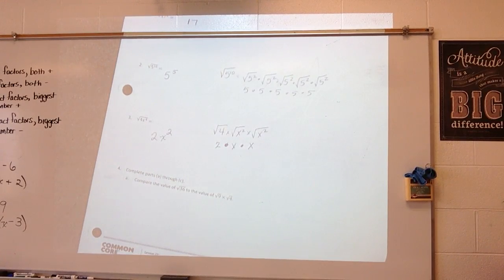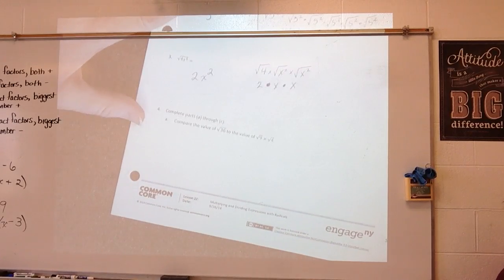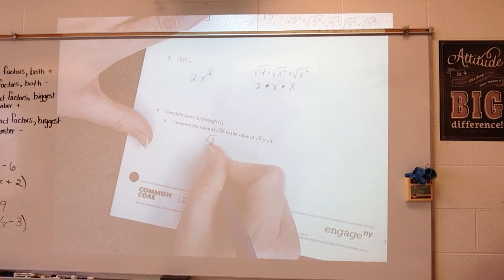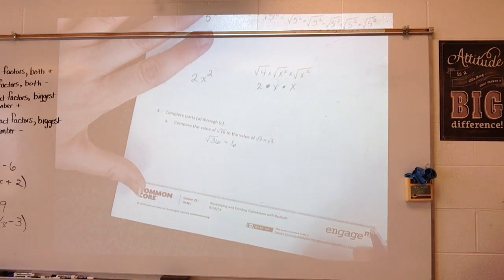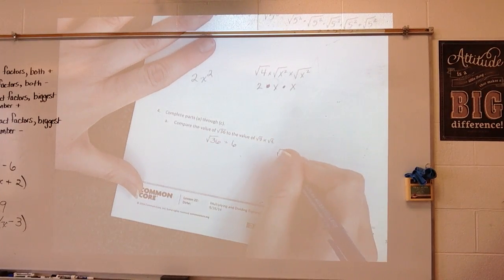Complete parts A through C. Compare the value of the square root of 36 to the value of the square root of 9 times the square root of 4. All right, so let's look at the square root of 36. Well, what times itself gives me 36? 6. We'll take the square root of 9 times the square root of 4.